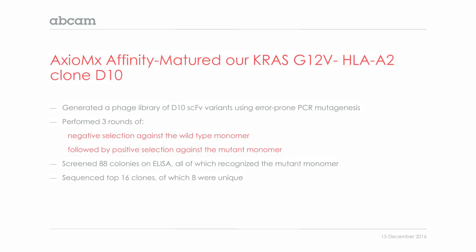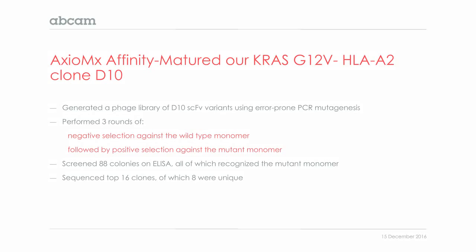They did 3 rounds, each consisting of negative selection against the wild-type monomer, followed by positive selection against the mutant monomer. At the end of panning, Axiomx screened 88 colonies on ELISA, all of which recognized the mutant monomer. They then sequenced the top 16 clones that gave the highest signals, of which 8 were unique.